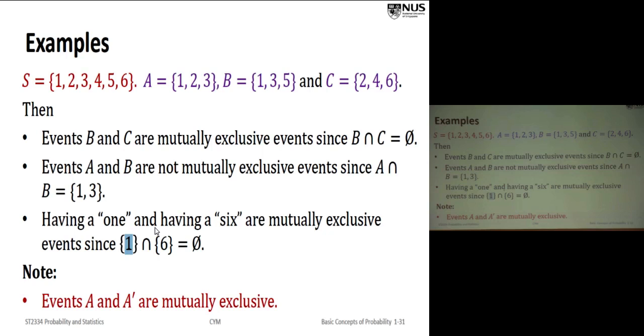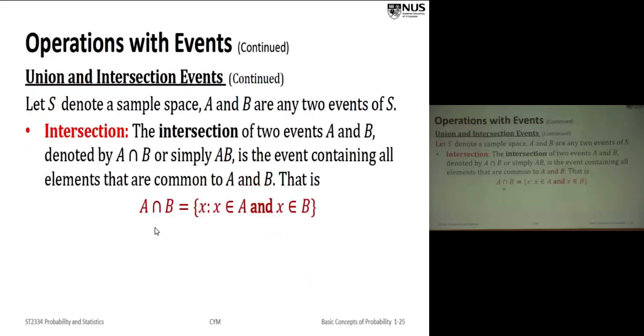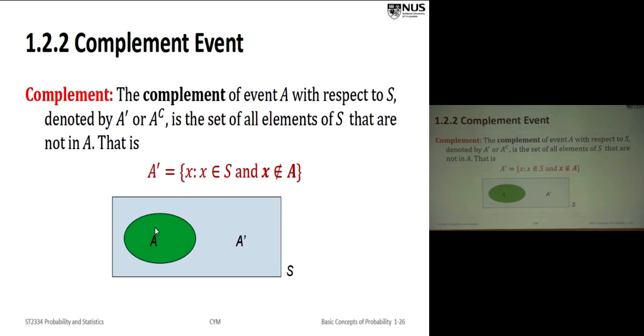Just to make a remark, an important one actually: A and its complement are mutually exclusive. It's fairly obvious from the definition if you've forgotten what complement means. Remember that the complement of a set A is all the elements which don't belong to A. So if I take the intersection of A and A complement, what I get back is the empty set, because I cannot have an element which belongs to A and A complement simultaneously.